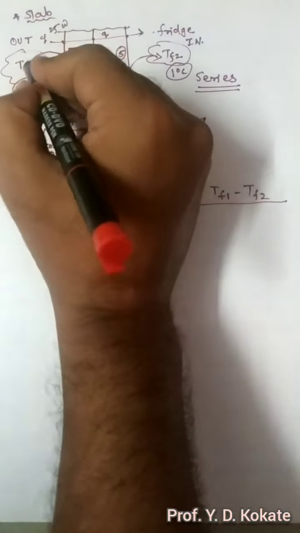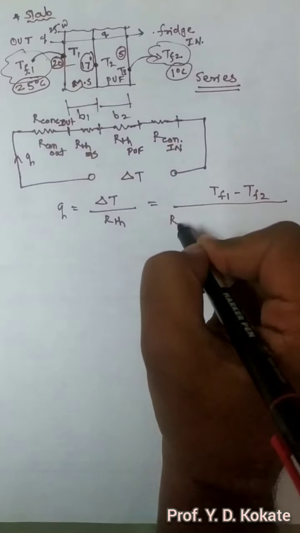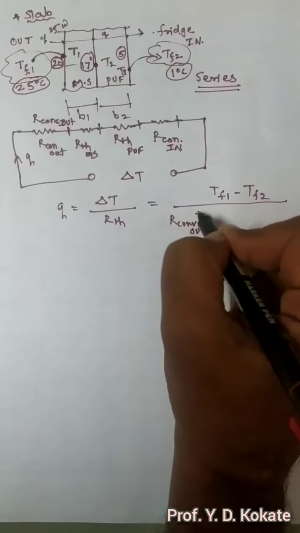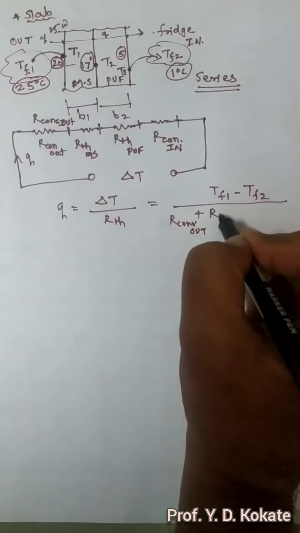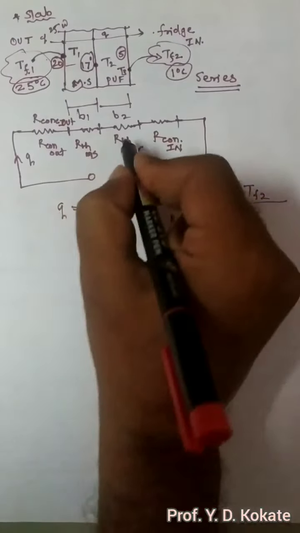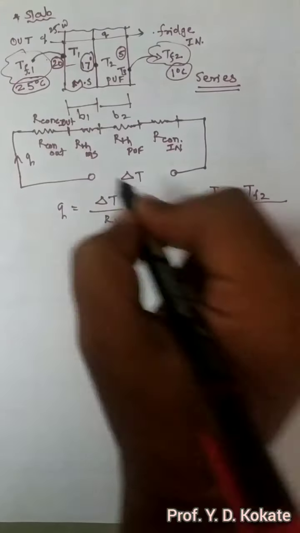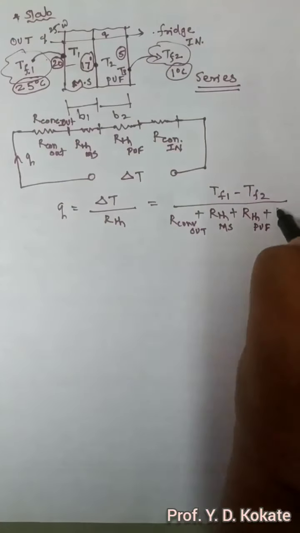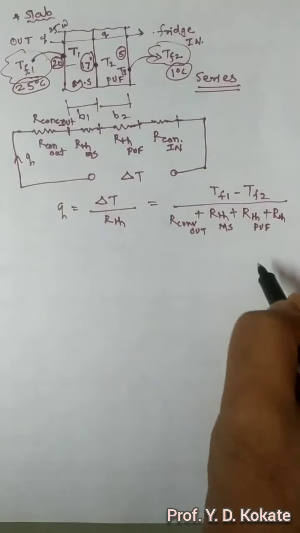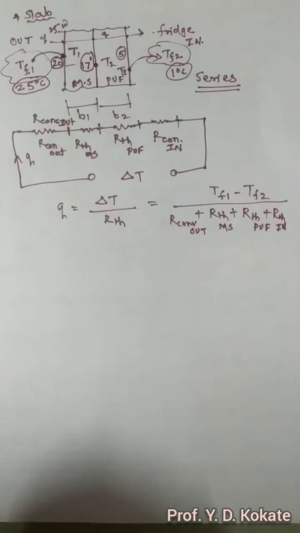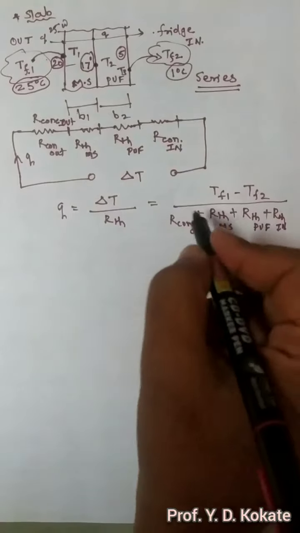The first resistance is from convection, so I write it down R convection, and this is from outside, so out, plus the second one RTH, it is due to the metal sheet, so I write it down metal sheet, plus RTH due to the puff material, and the last one is nothing but the RTH of the inner side material, so in. So I write all the resistances at the denominator.